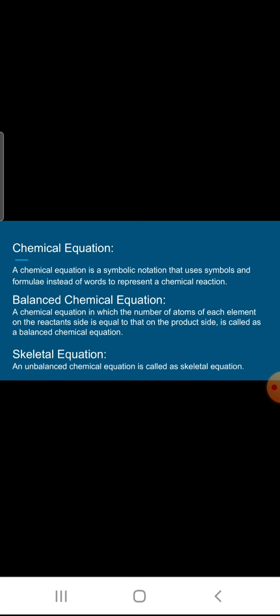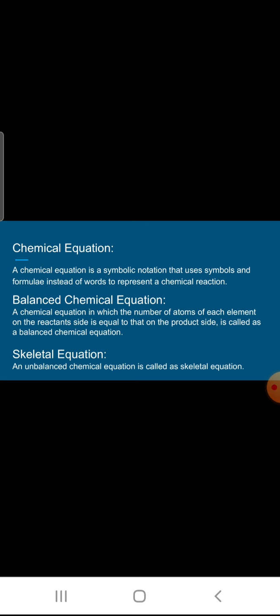Therefore, the equation is unbalanced, and this unbalanced equation is called as skeletal equation, and we need to balance it. And after balancing, we get a balanced chemical equation. So, a balanced chemical equation in which number of atoms of each element on the reactant side is equal to that on the product side is called a balanced chemical equation.